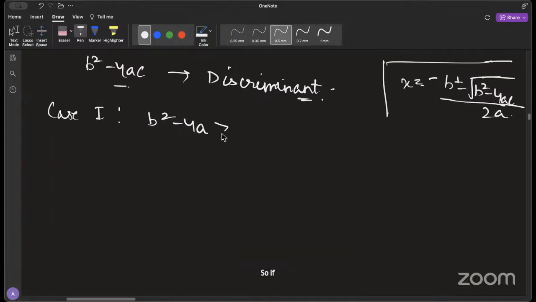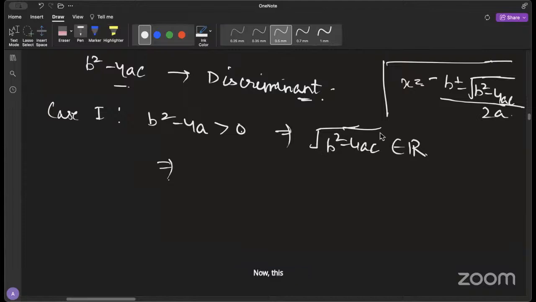So if this entire thing is greater than 0, as we've discussed, then your square root, you can find a real number, right? If your b square minus 4ac is greater than 0, this implies square root of b square minus 4ac is a real number.